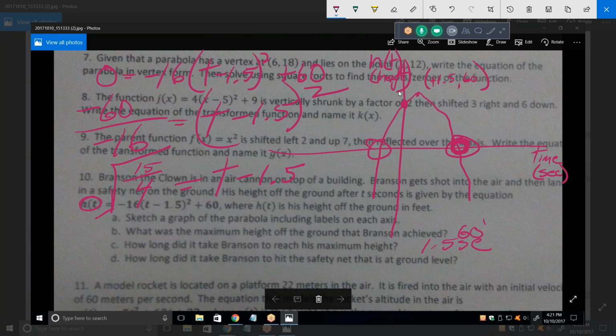So now t is going to be equal to 1.5 plus, well, that's square root of 15 divided by 2. So that is the time where it hits the ground.